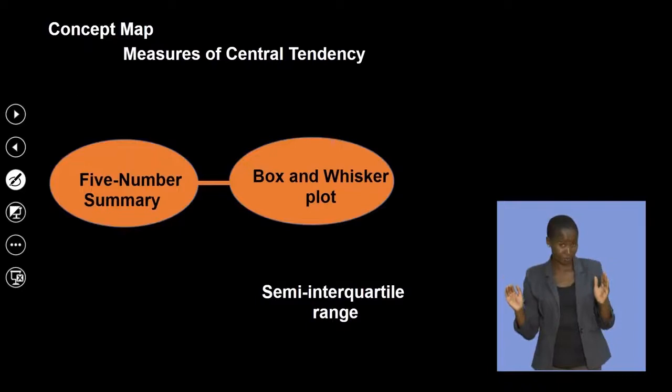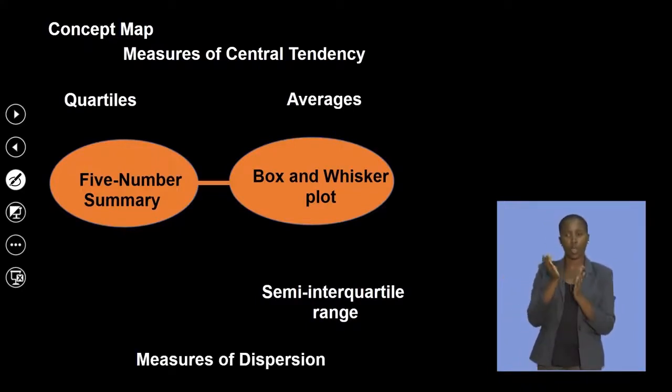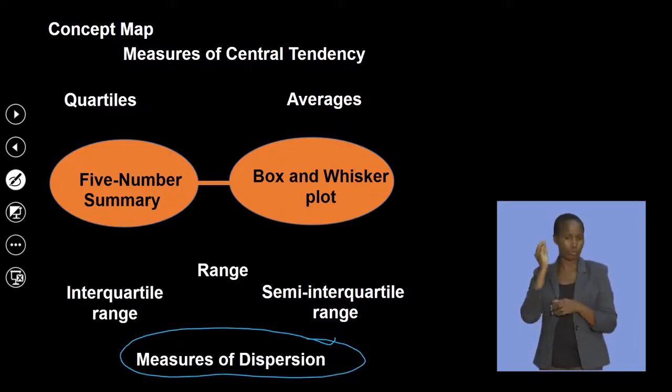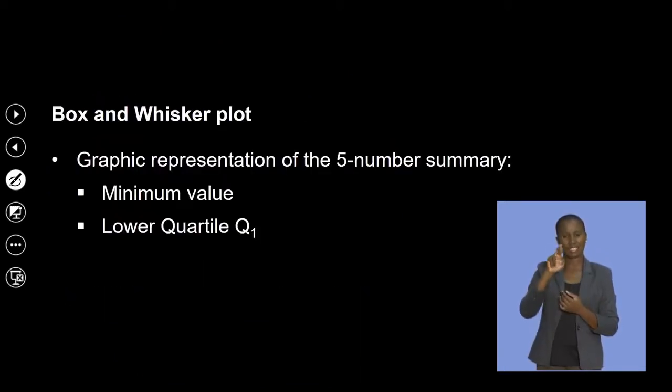Then quartiles, average, and measures of dispersion, we'll still look at that, along with the range and interquartile range. Let's look at the box and whisker.